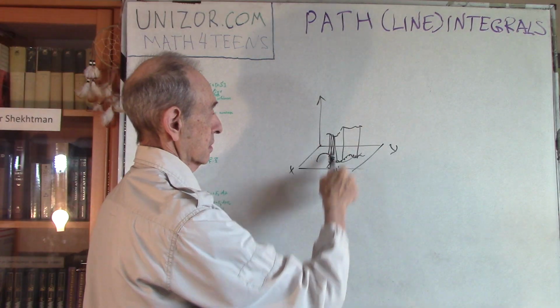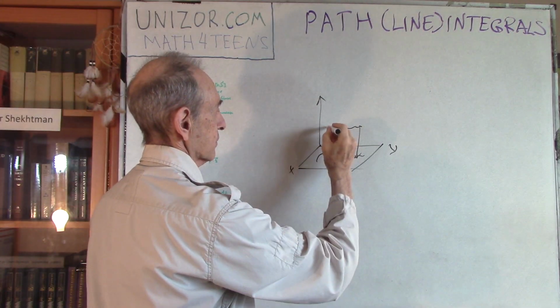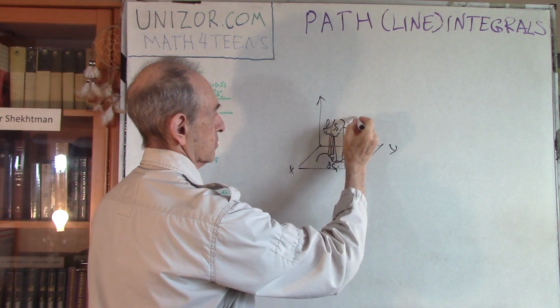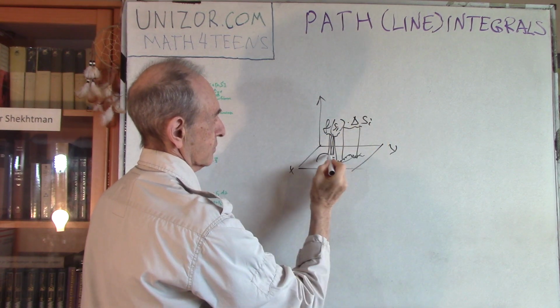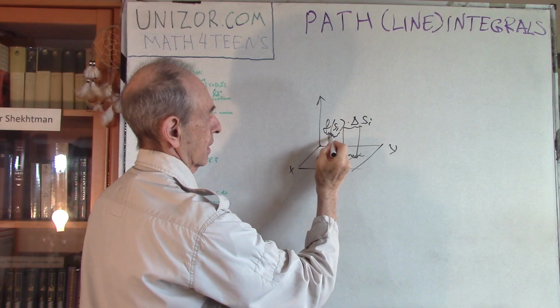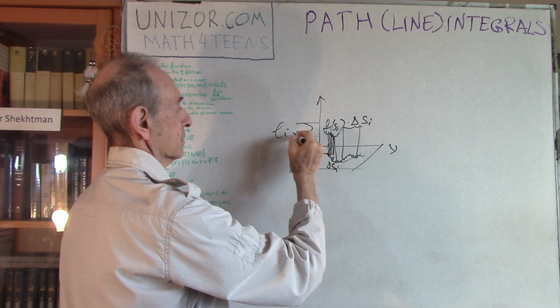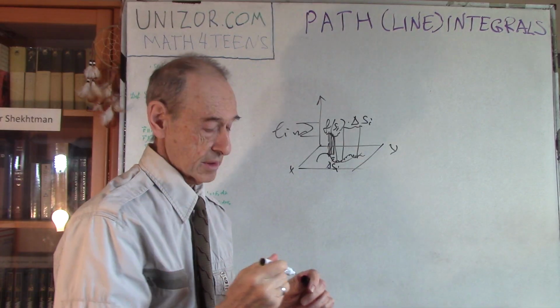We just multiply the value of the function at si times the length of this little interval and summarize it and go to the limit. So basically it's the same thing.